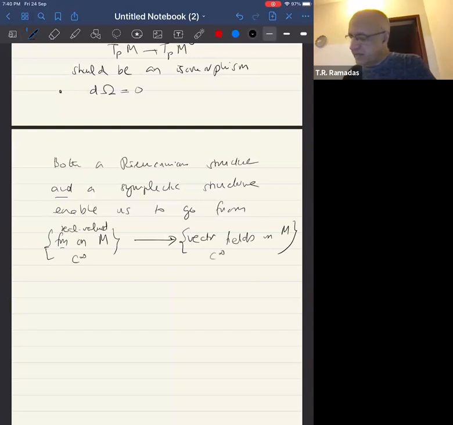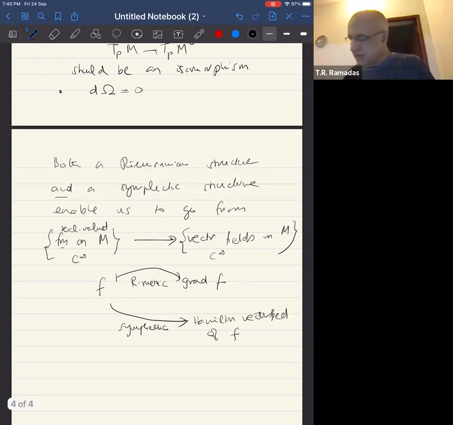In the case of the Riemannian metric, this is called the gradient. And in the case of the symplectic structure, this is called the Hamiltonian vector field of F.